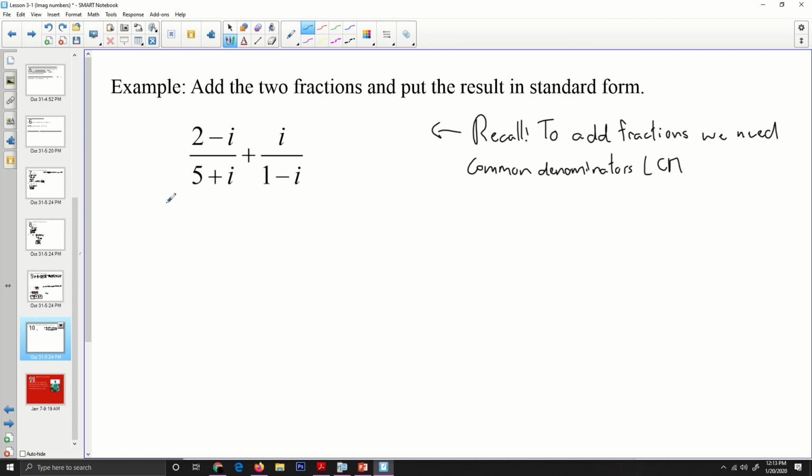All right. Now, the least common multiple between 5 plus i and 1 minus i is going to be whatever 5 plus i times 1 minus i is. So the first thing I'm going to do is multiply. Again, we're going to need funky ones here.